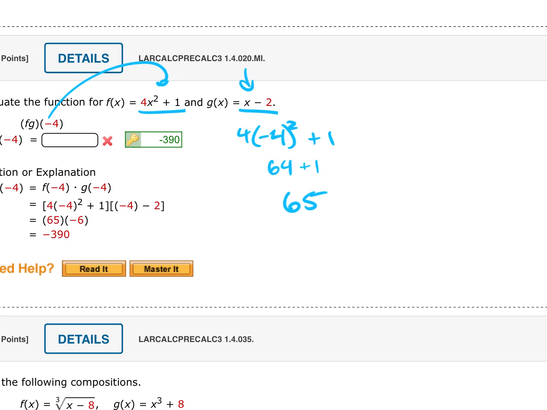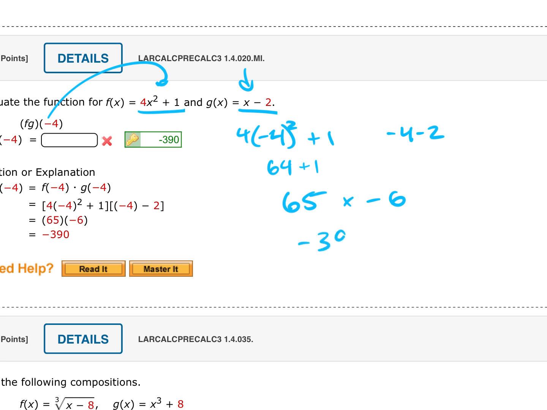When we plug it into the second one, this would be -4 minus 2. So that would be -6. So then we just multiply 65 times -6. We could have multiplied them together, FOIL it out, and then plugged in -4. Either way works.